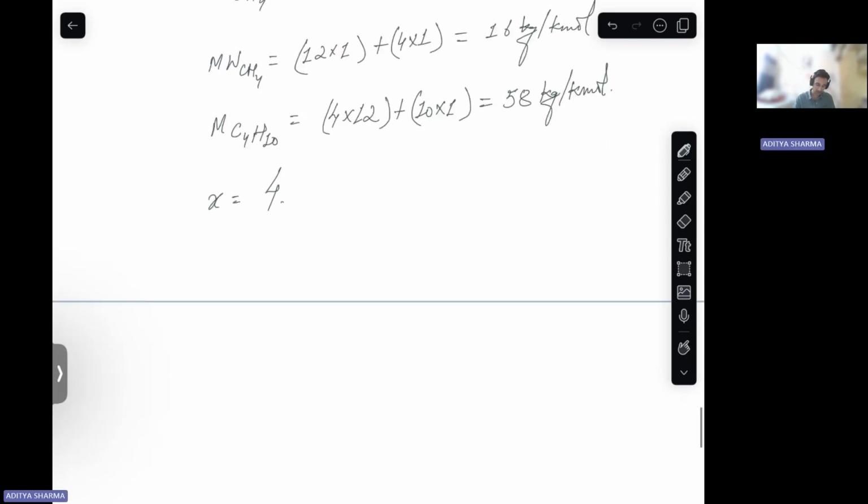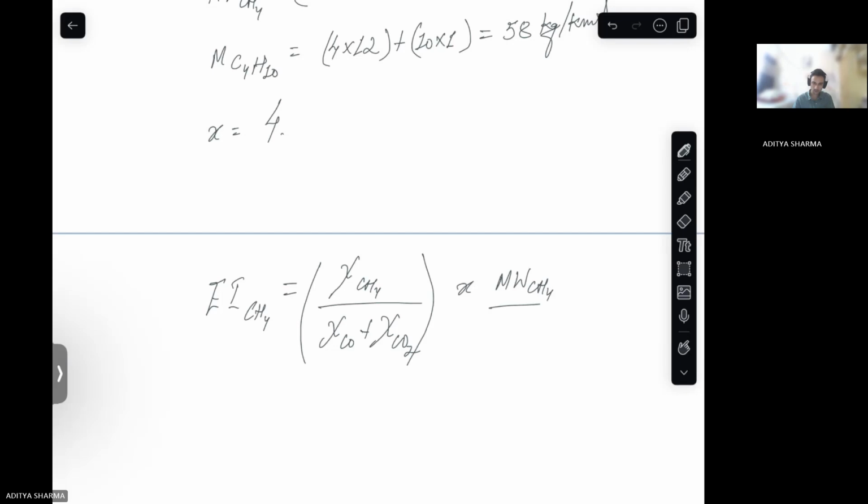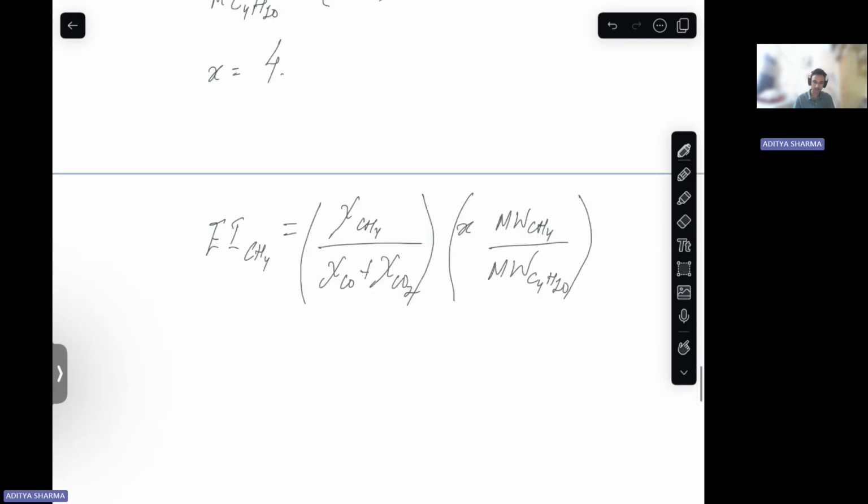So your emission index in that case will be this.